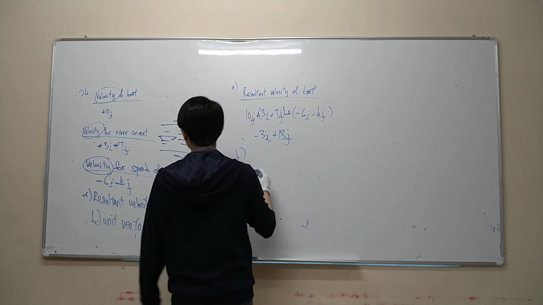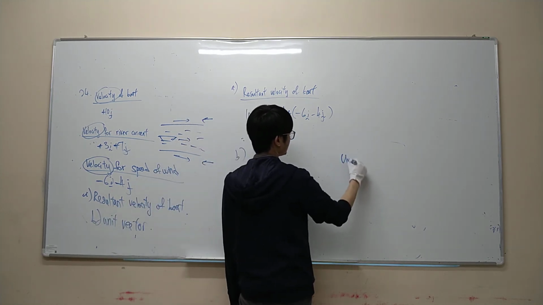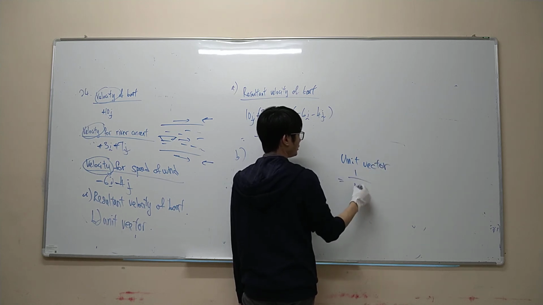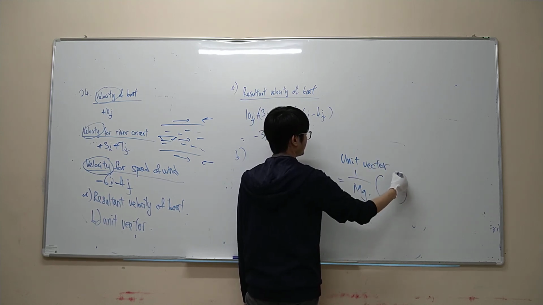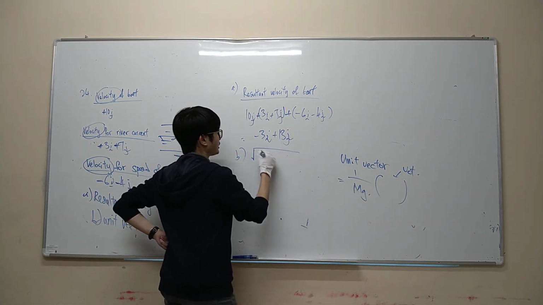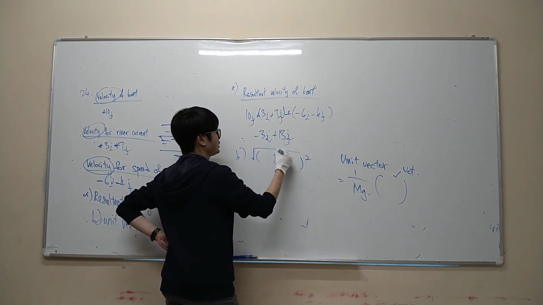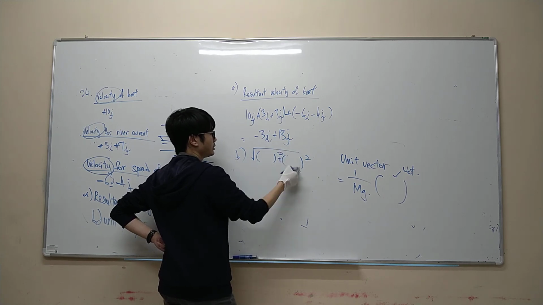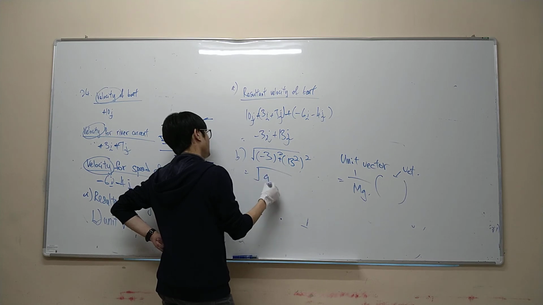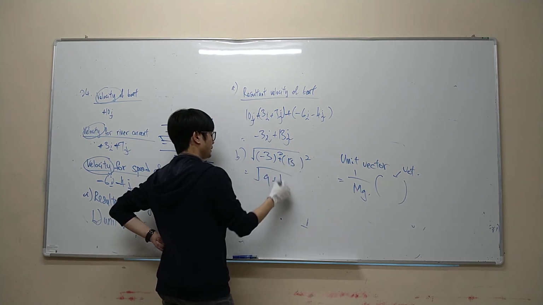B, you find the unit vector. The unit vector formula is 1 over magnitude times the vector. First you need to find the magnitude. How to find the magnitude? You already have the i and j, so just take the number negative 3 squared plus 13 squared. So it's 9 plus 169.